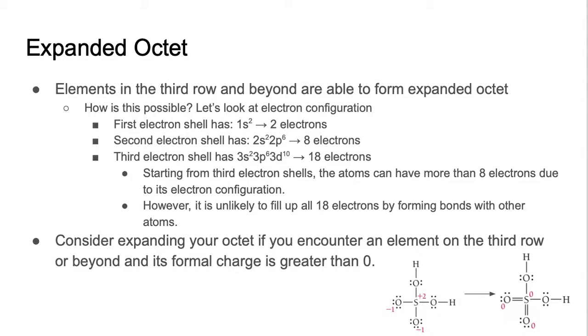This includes a variety of atoms such as oxygen, nitrogen, carbon, etc. And finally, the third electron shell can have 3s2, 3p6, and 3d10, a total of 18 electrons. So it is unlikely for all the electrons to fill up 18 spots on the valence shell, but we have to notice here that it can break the octet rule and form an expanded octet.